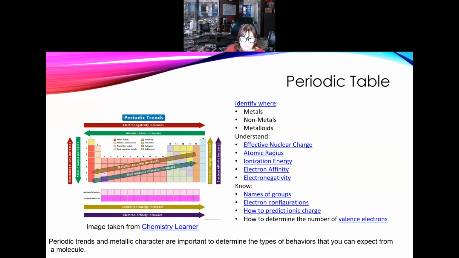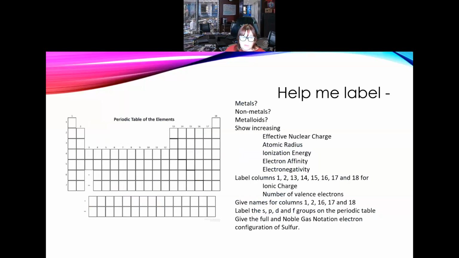Now, expectations. I want to know, where are the metals? So remember, my metals are everything over on the left side of the table, to the left of that stair step, and the stuff down here at the bottom.